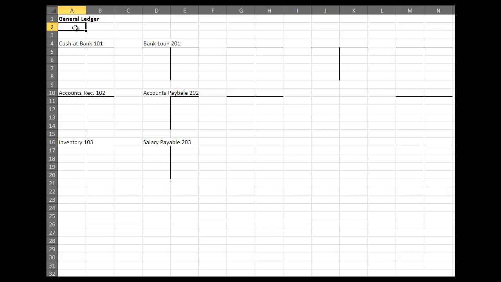Now you'll notice this is in the form of the accounting equation. I've set this out. Assets equals liabilities plus owner's equity.